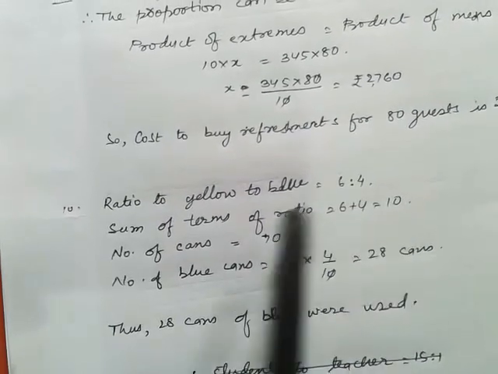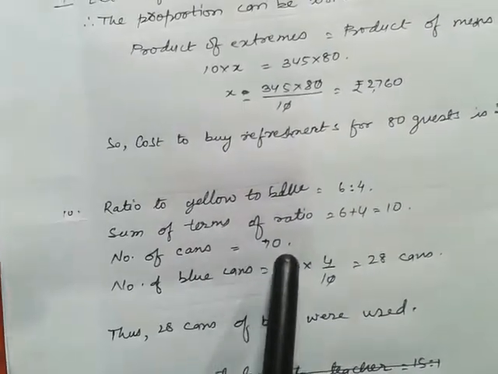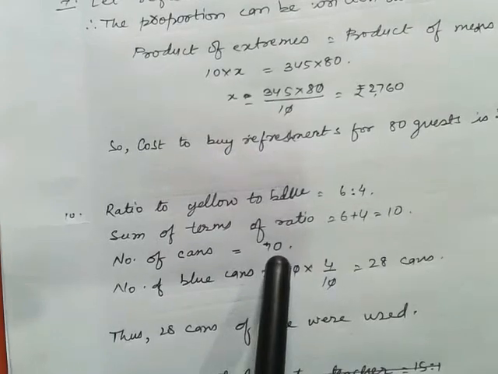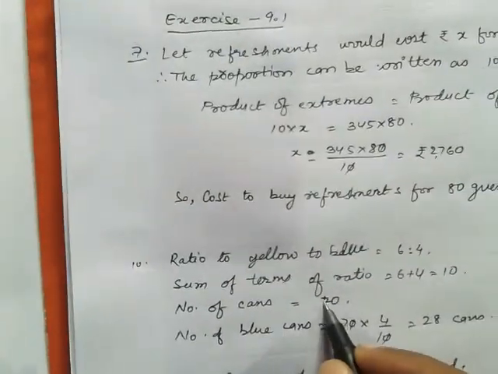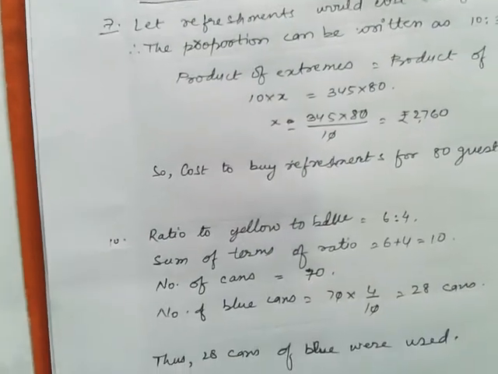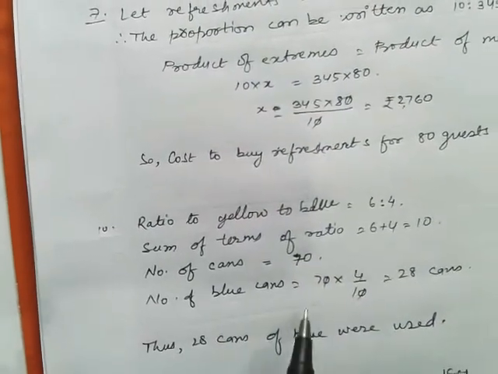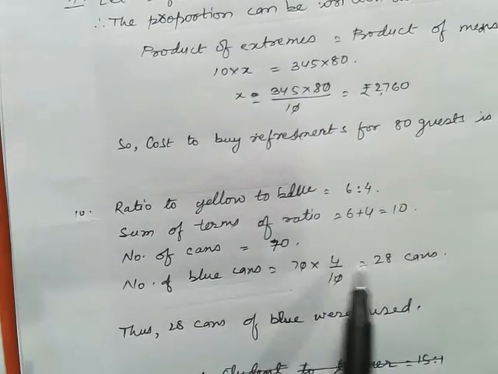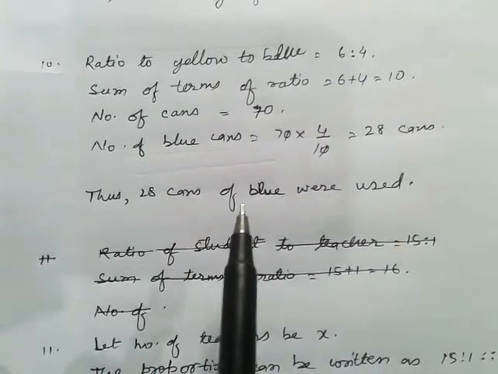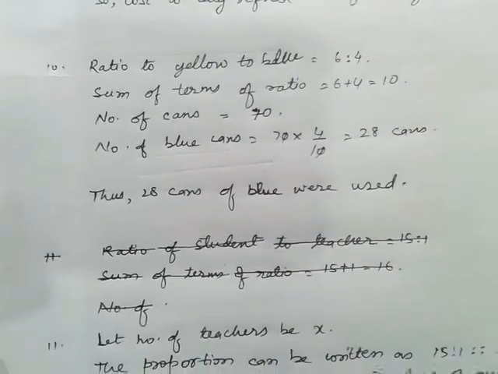Then the number of cans is given to us: 70. Now the number of blue cans equals 70 into 4 by 10. Here the 0s cancel. 7 fours are 28 cans. So thus 28 cans of blue were used.